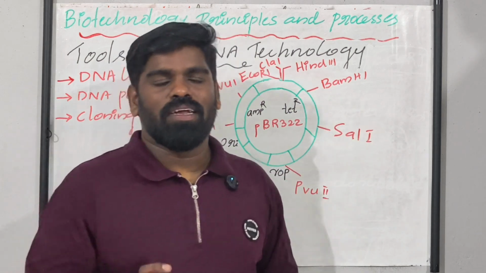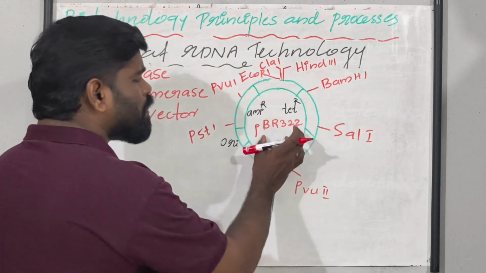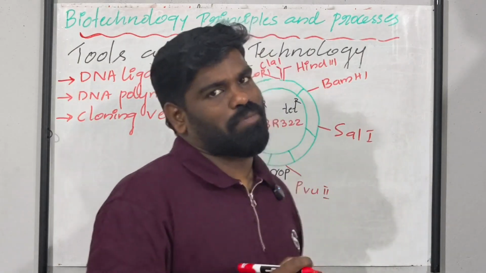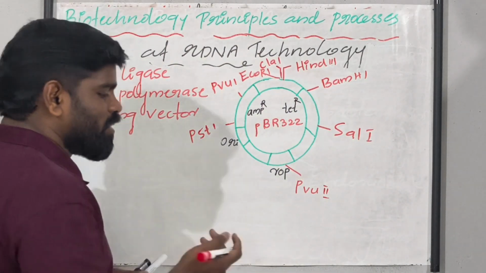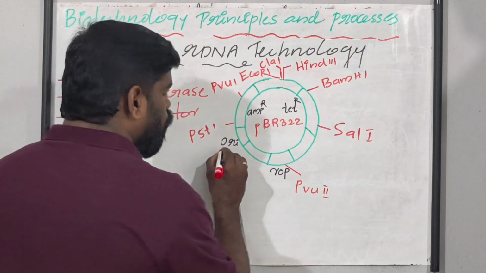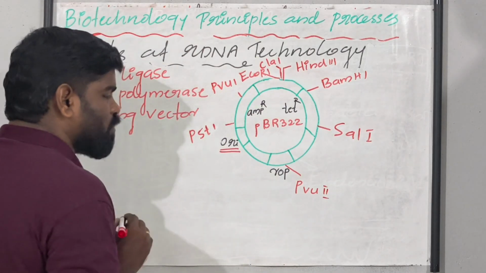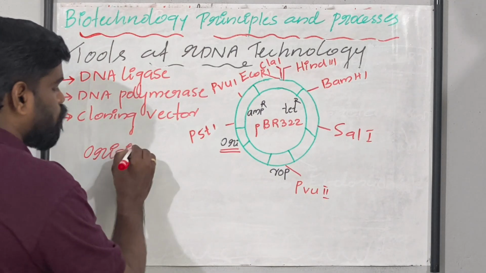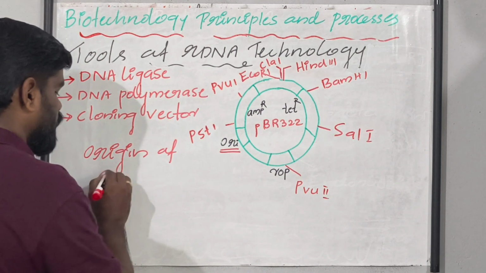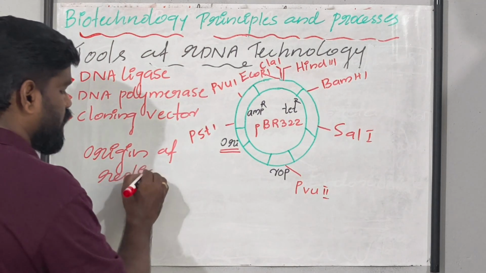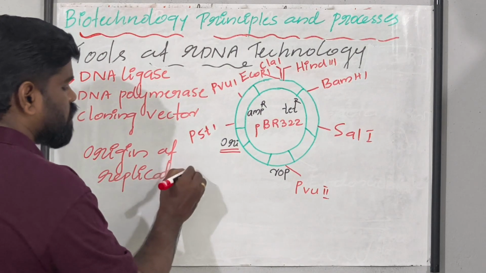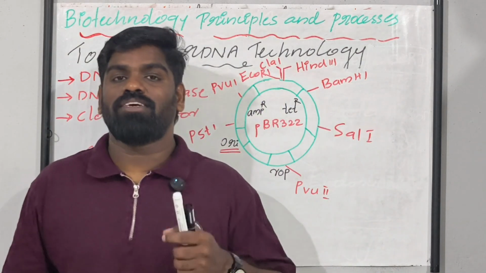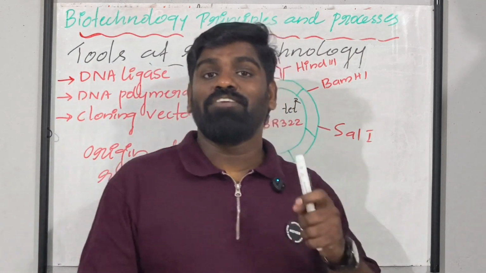Now in this pBR322, we have to study its characteristics. First, we can start with ORI. ORI means the origin of replication. What is the use of this ORI in the vector?